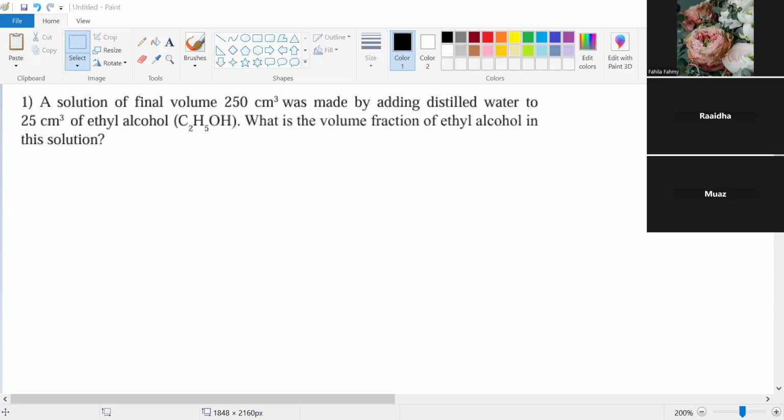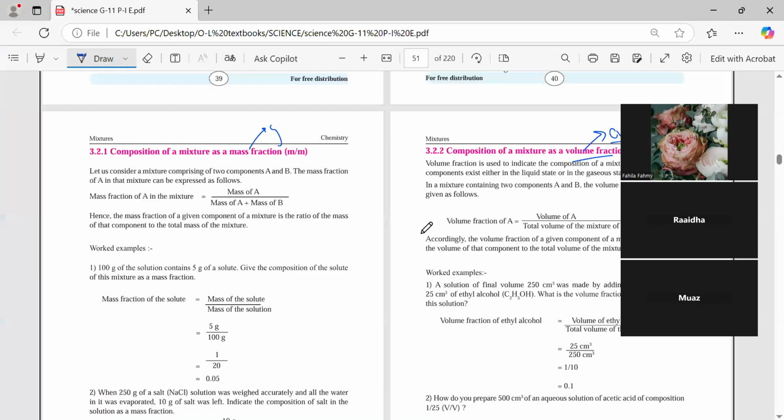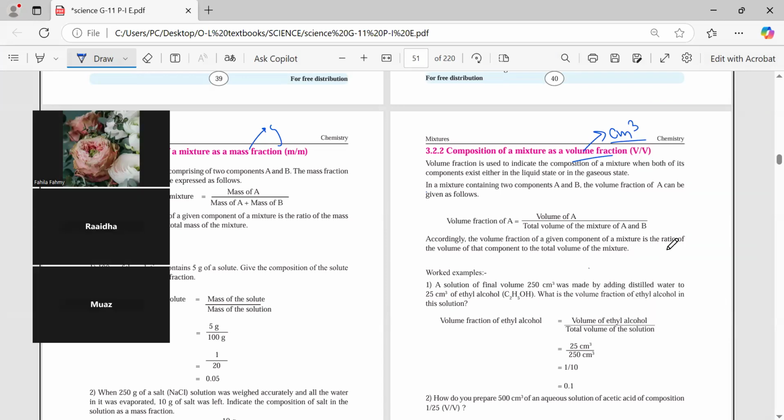So all you had to do was divide 25 by 250, right? Okay, so back to the textbook. All right, you can see the textbook on the screen. Okay, so now look at part 2 of it.